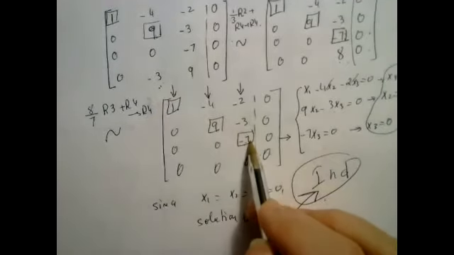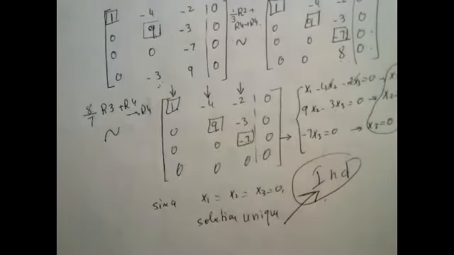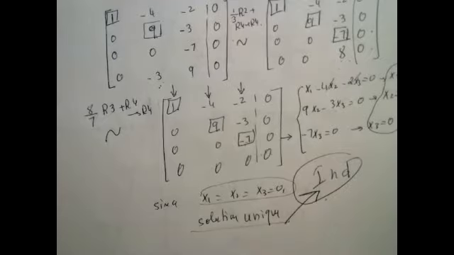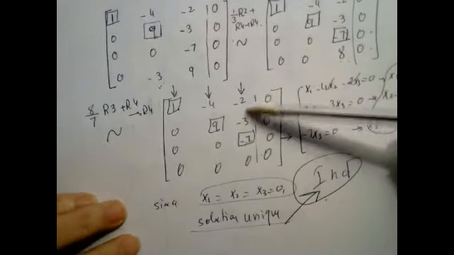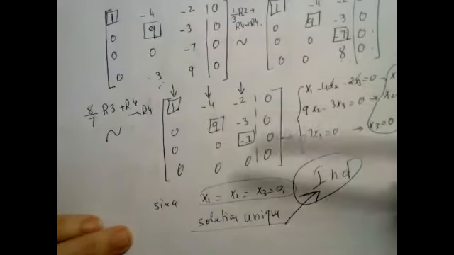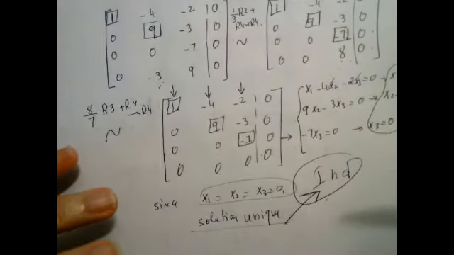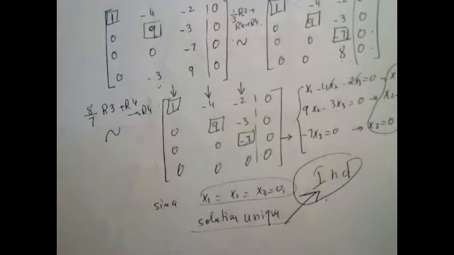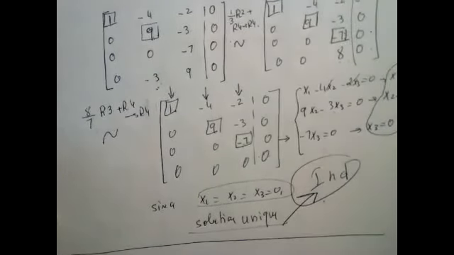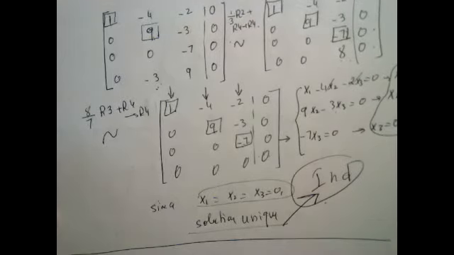Because there are no free variables, the solution is unique. But it is unique and it has to be 0 because 0 is already a solution. Since you have one of them, then it has to be the 0 solution. So another way to say this, since every variable is basic in this problem, it means the solution is unique. And since 0, 0, 0 is a solution, it means that's the only solution. And that will show the linear independence. Okay. Questions for those? Right.